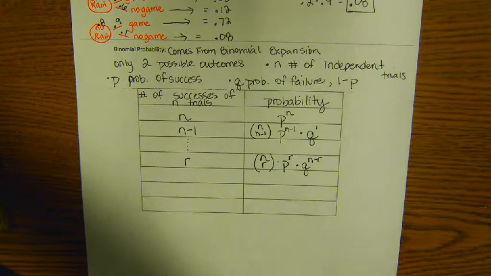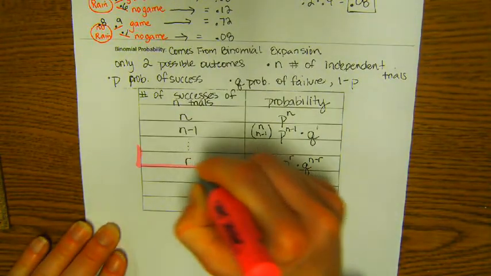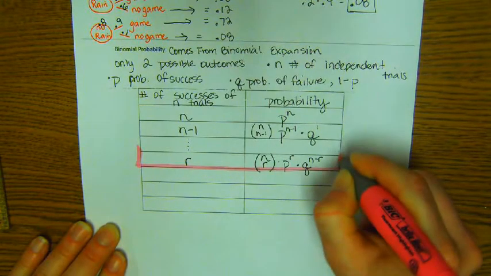I'm going to highlight that formula because this is the general formula that you're going to see for binomial probability.